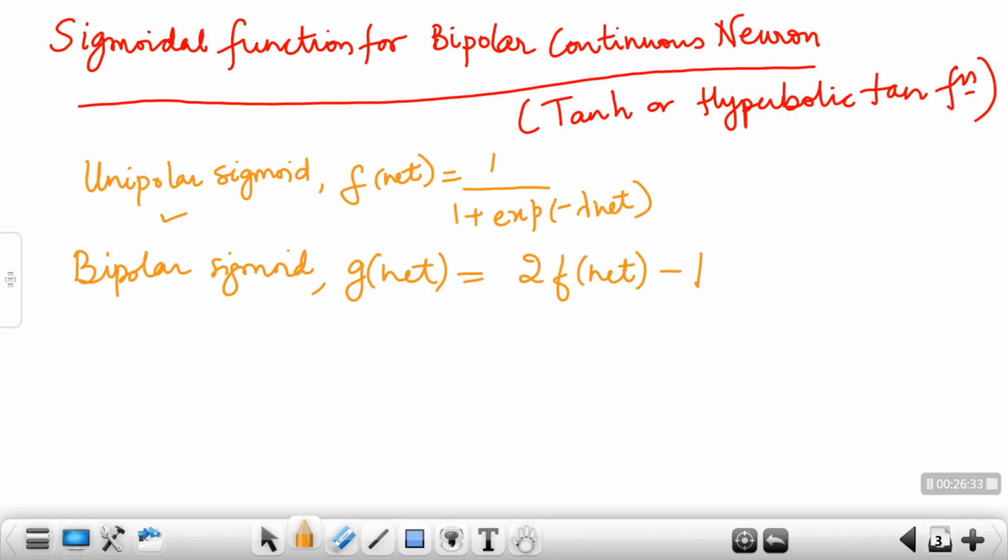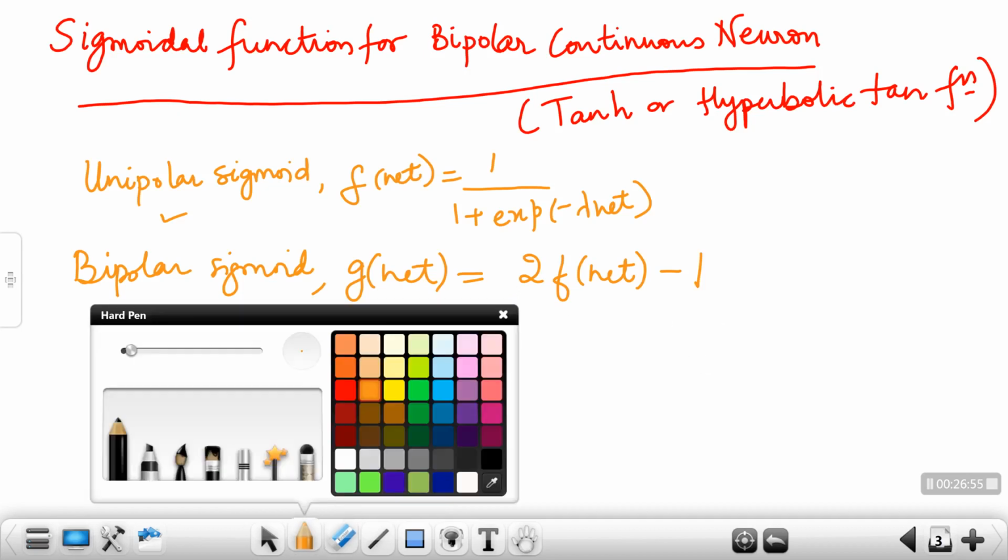This is a technique from signals and systems: you are scaling the function by the factor 2 and then shifting the signal down by 1 so that you get the desired shape. If you do that, your signal would be somewhat like this.